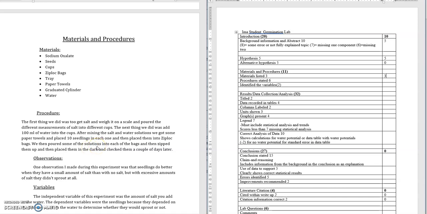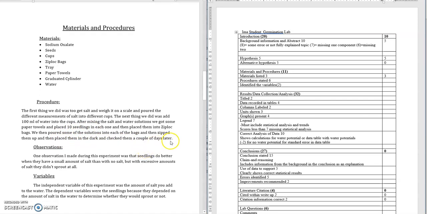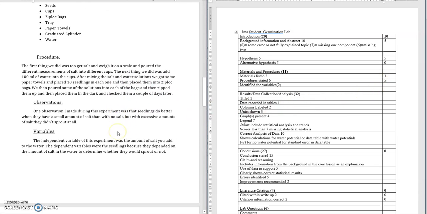It seems somewhat clear that they added salt, poured those solutions into 100 milliliters of water, added the seeds, and then placed them in a jar. She didn't talk about how they counted them. So I would give this person 5 for 6.